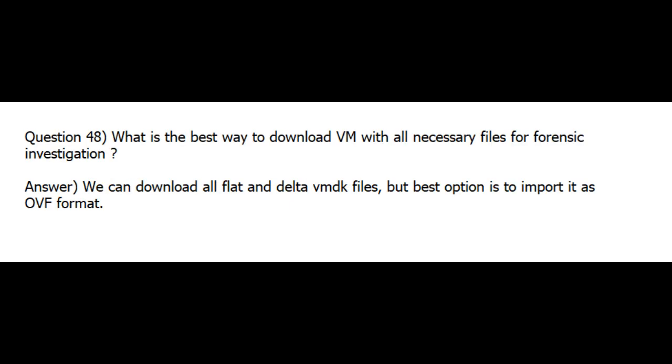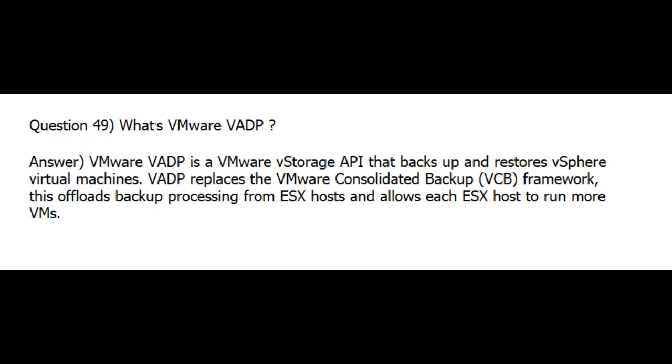Question 48. What is the best way to download a VM with all necessary files for forensic investigation? Answer. We can download all flat and delta VMDK files, but the best option is to export it as OVF format. Question 49. What's VMware VADP? Answer. VMware VADP is a VMware vStorage API that backs up and restores vSphere virtual machines.